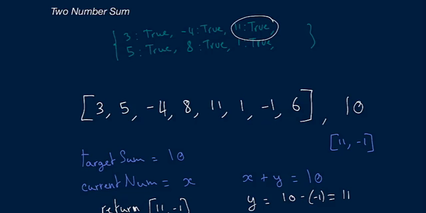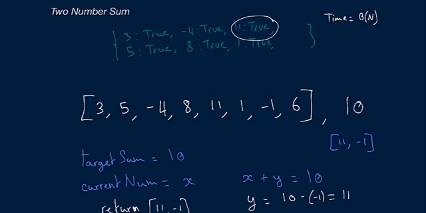We've found our answer. So how are we doing in terms of space-time complexity analysis? Well, let's write it at the top left here. The time complexity here is just going to be O of n time, where n represents the length of our input array. Why is it just O of n time? Well, we're traversing our array only once.